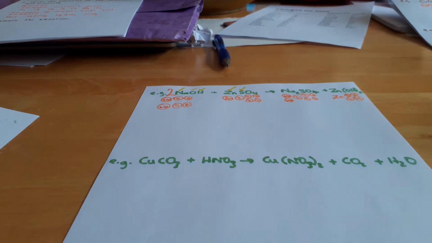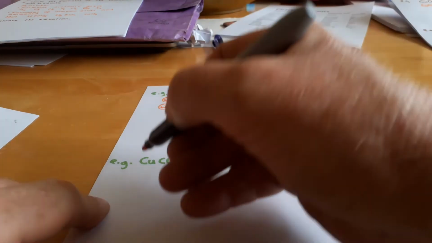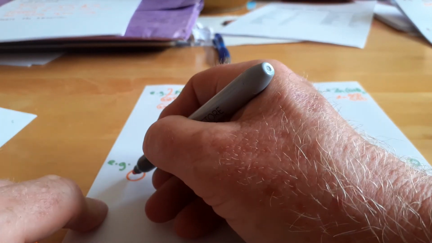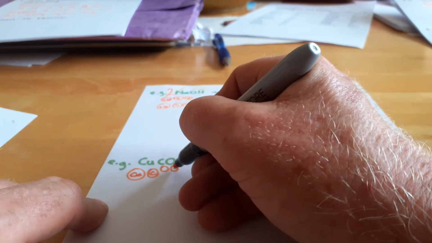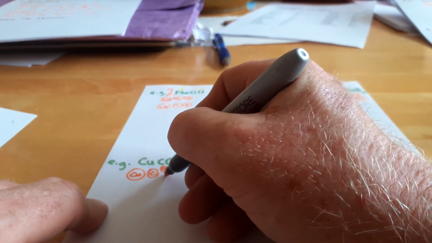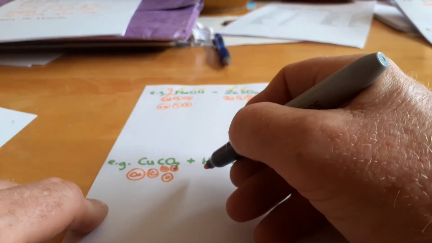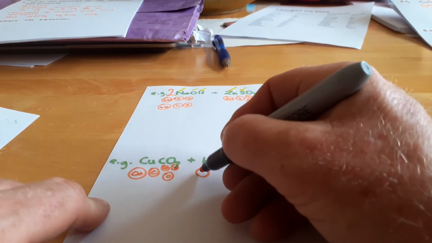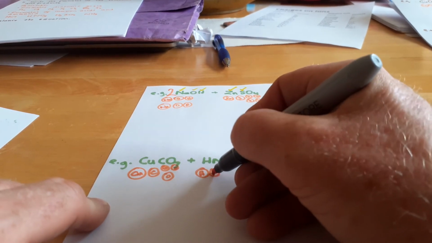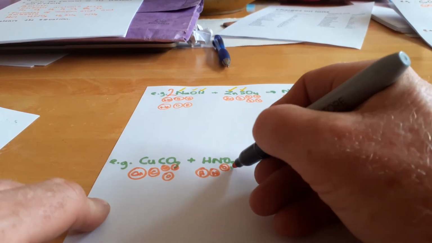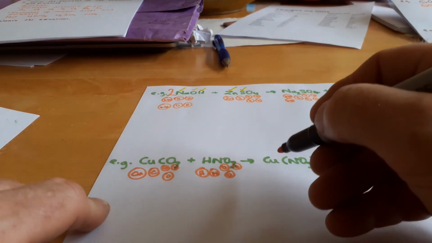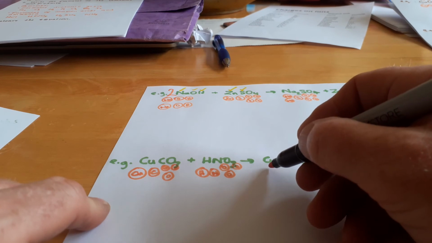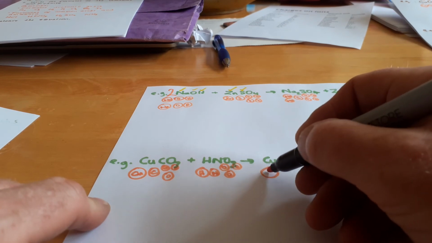Now the last one I want to balance is copper carbonate. So copper, Cu, carbon, and 3 oxygens. Nitric acid, H, N, and 3 oxygens. We've got copper, Cu.